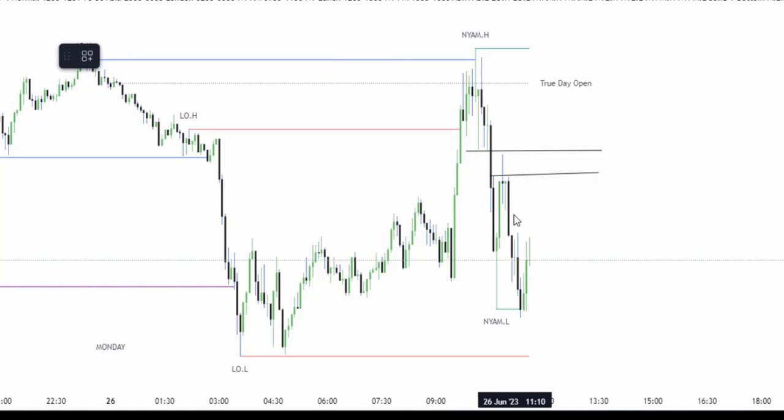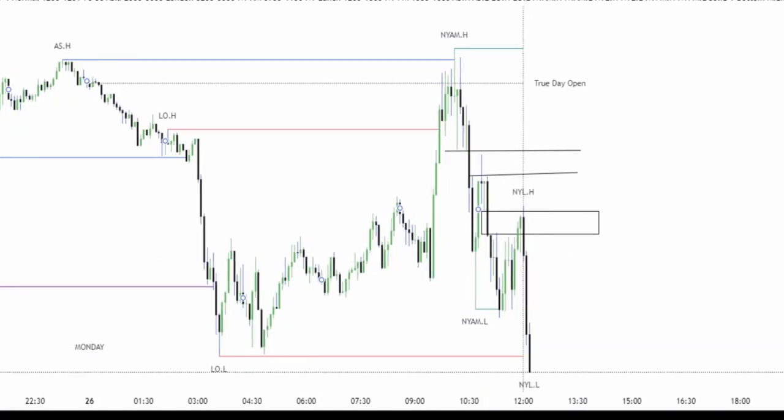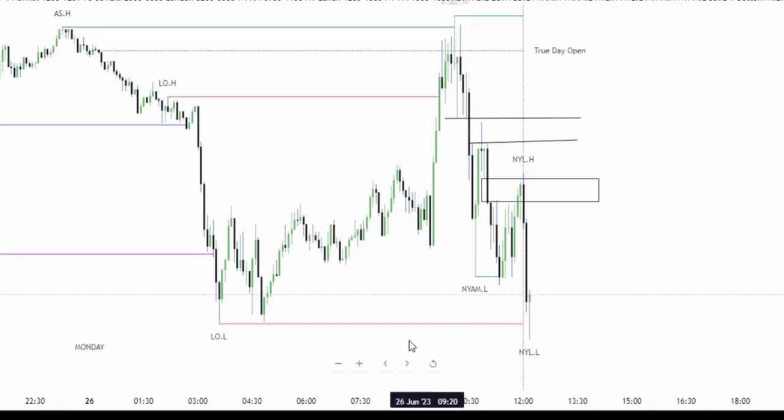And over here, we have another fair value gap. Let's see what the price does. Continue playing. Price comes back to the fair value gap, and finally takes out this London session low.